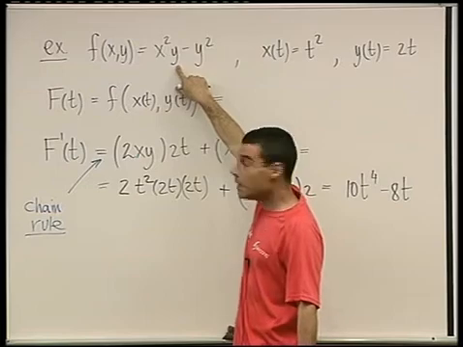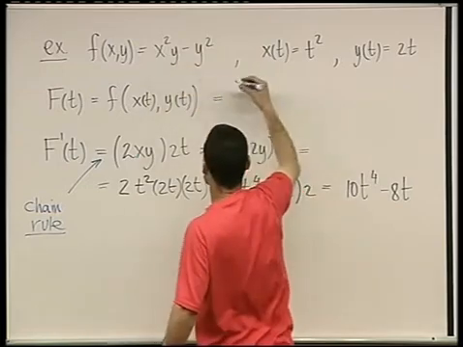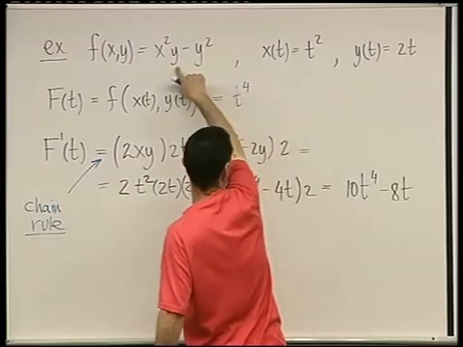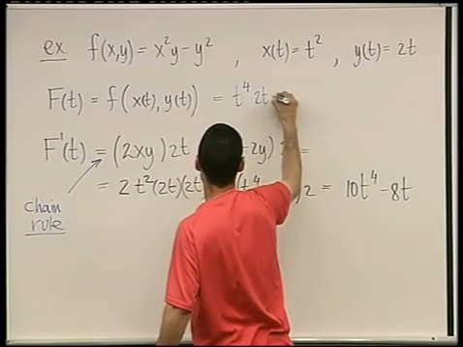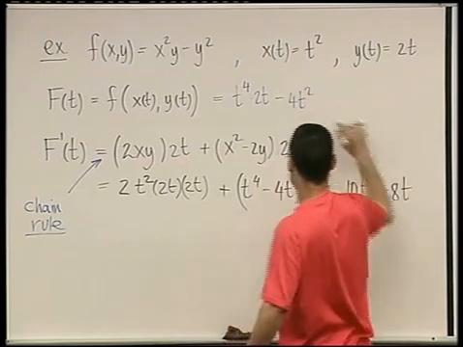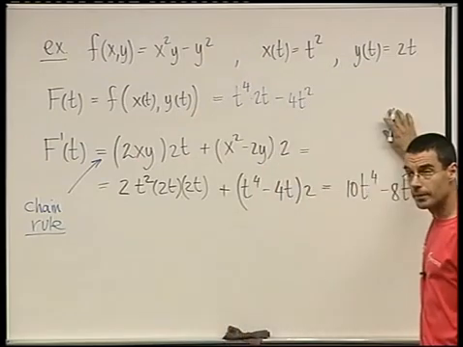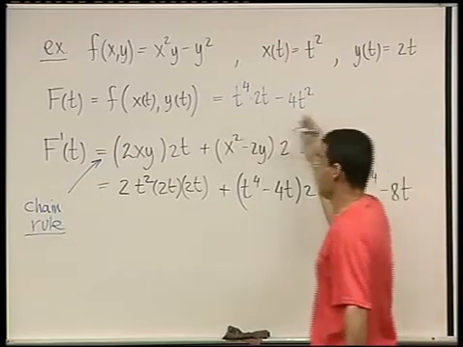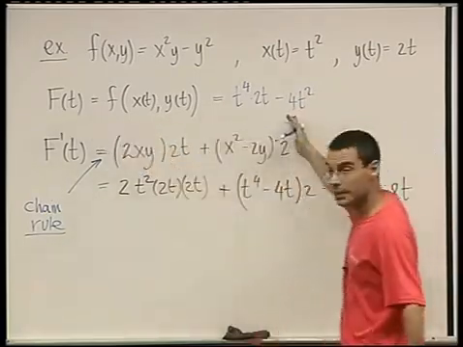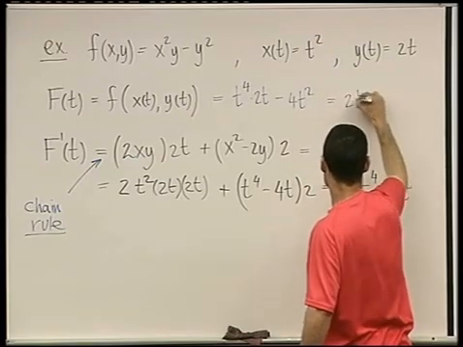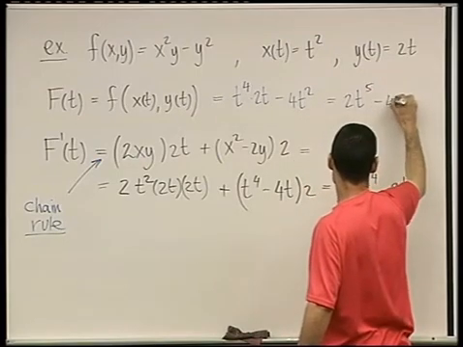Do you agree? So x of t is t squared, and then I have to square it, so it's t to the power 4, times y, times 2t, minus y squared, 4t squared. Do you agree that that's the composition? And it's, of course, a function of t. And what is this thing? This is 2t to the power 5 minus 4t squared.